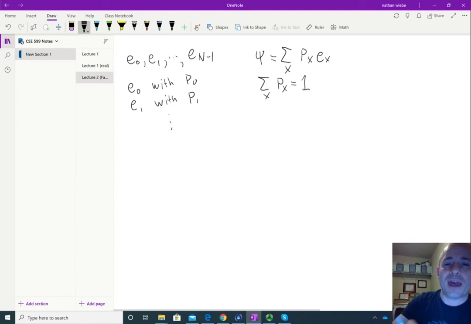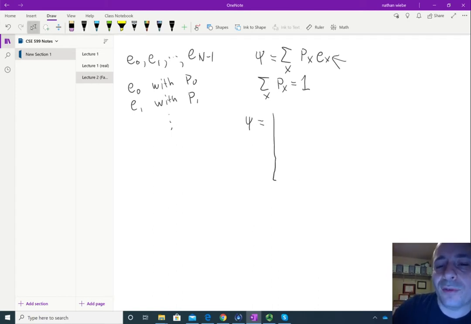So now, if we have this, we can also imagine representing the probability distribution over the e-axis just by expanding out each of these e-axes. This will end up giving us just p0, p1, all the way down to pn minus 1.